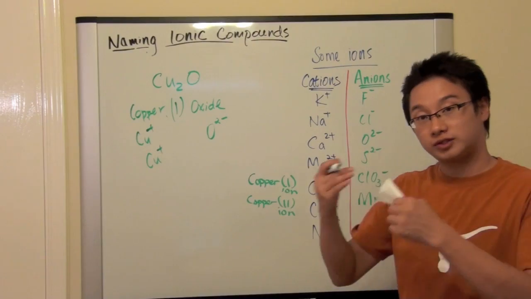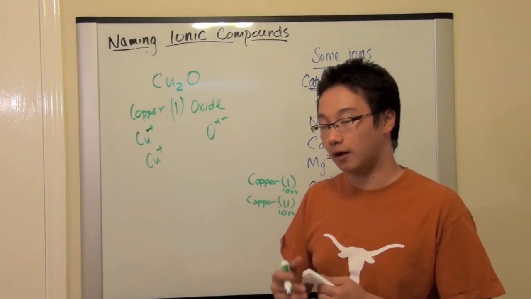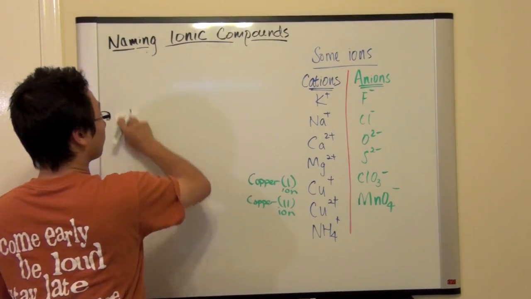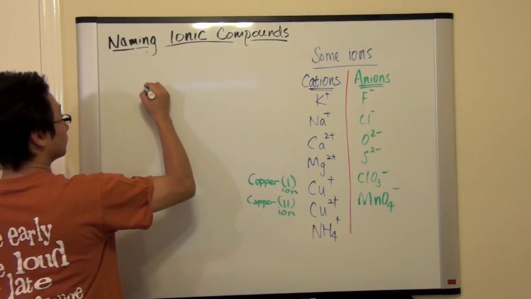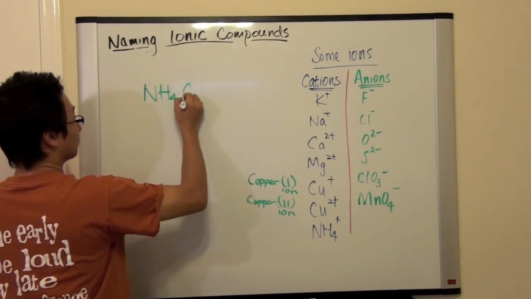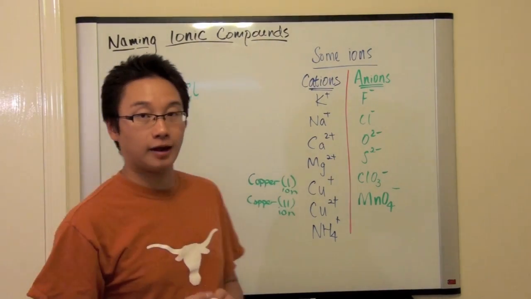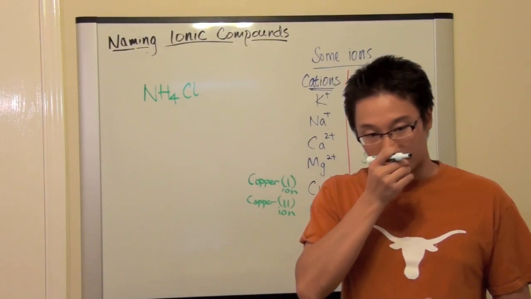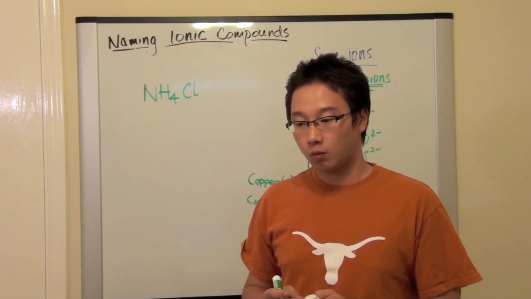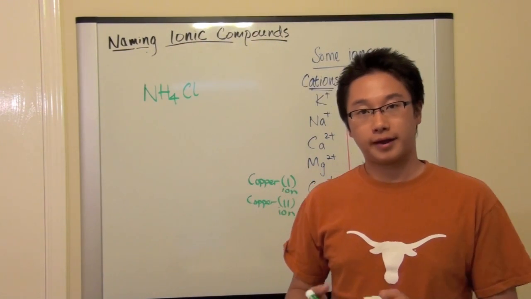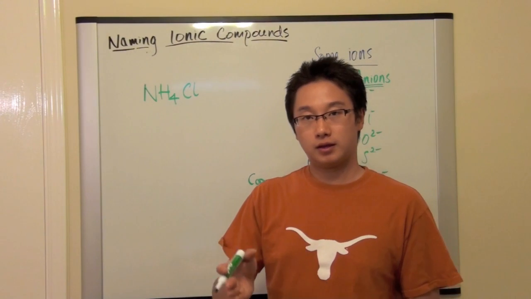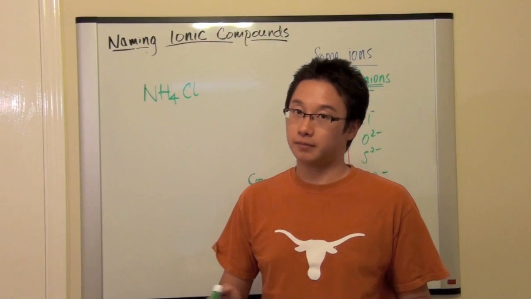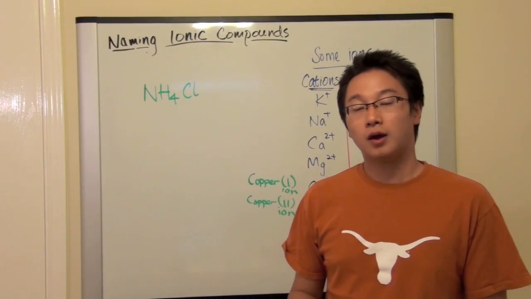Now let's go one more step, one more stage, okay, above. So let me give you a compound. Okay, NH4Cl. Now, I would say, when we learn about naming ionic compounds, we would say if you look at the compound and you see a combination of metals and non-metals, it will be an ionic compound.